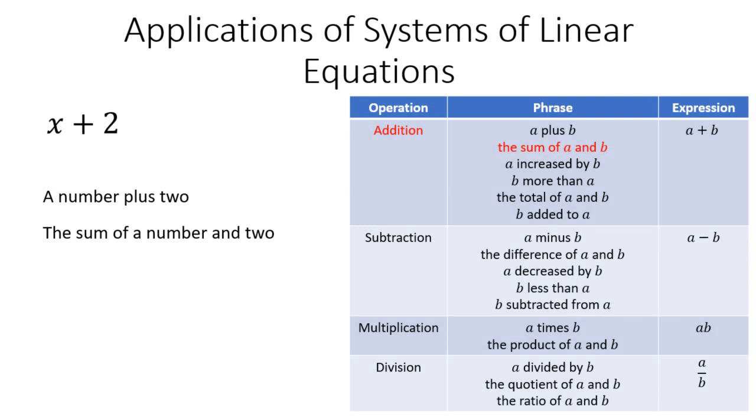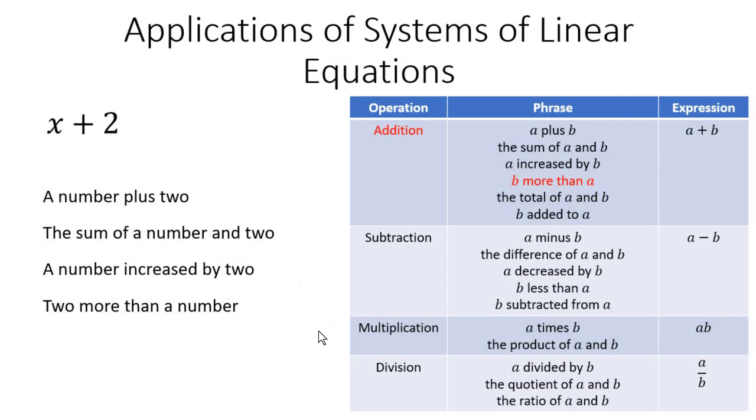Yet another way of saying it is a number increased by 2. So we start with the number x and we add to it 2, so a number increased by 2. The next one is a little bit tricky. If we wanted to represent 2 more than a number, 2 is B in this case still, and a number is A, so 2 more than a number is actually written as x plus 2, not 2 plus x.